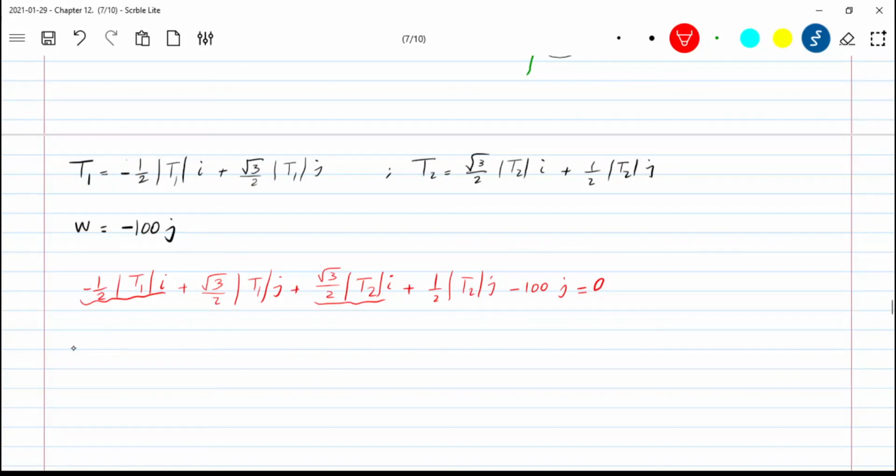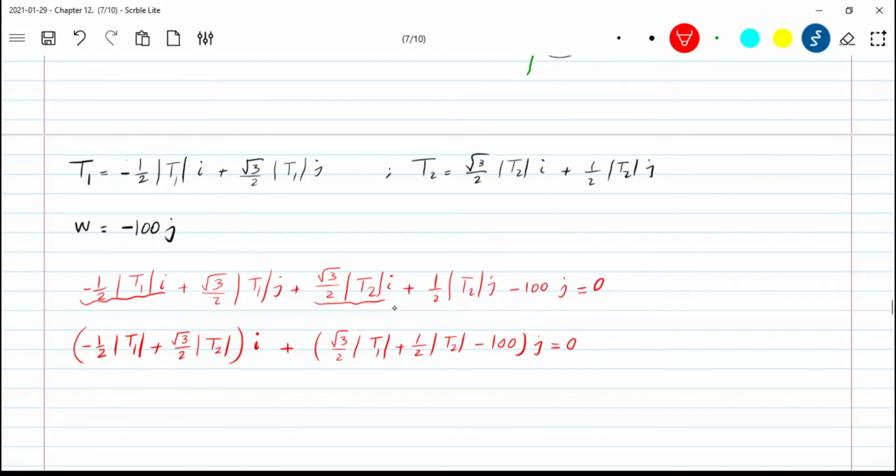Everything else has the J. So I can say these two, negative 1/2 magnitude of T1 plus root 3/2 magnitude of T2, they all have I, plus the other term is root 3/2 magnitude of T1 plus 1/2 magnitude of T2 minus 100, J, equal to 0.